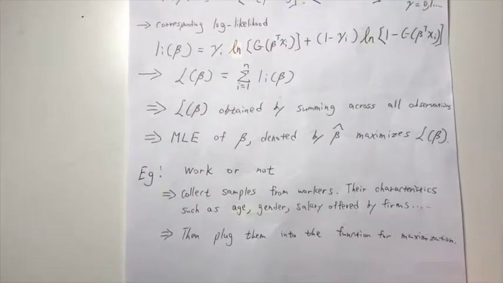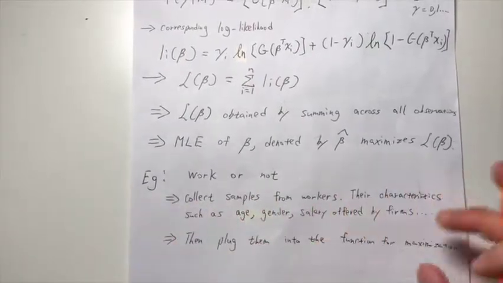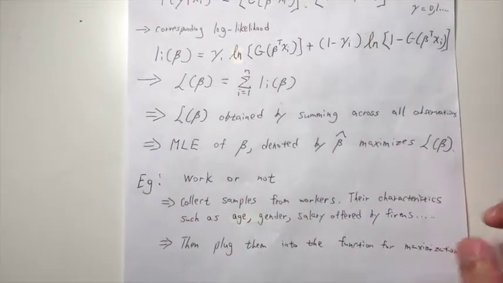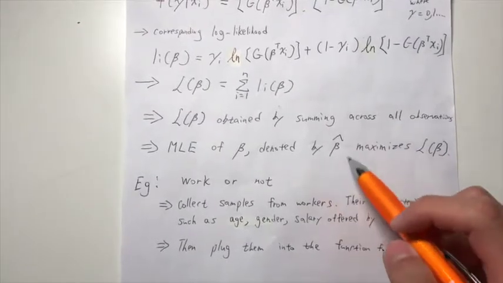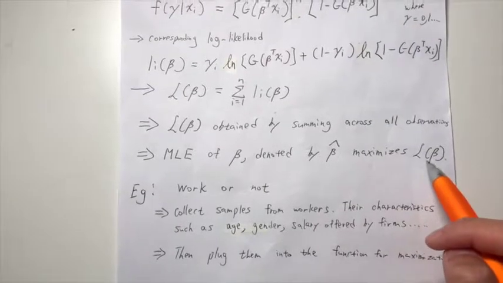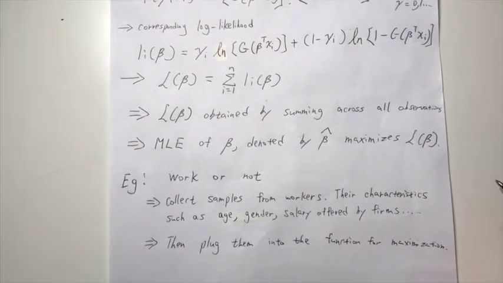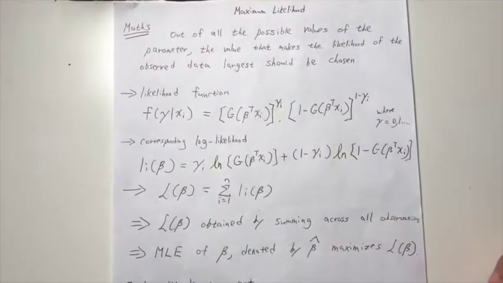After that, we put down the log likelihood function, and we just put it into the computer, and we can find the beta hat that maximizes this log likelihood function. And that is the logic behind maximum likelihood.